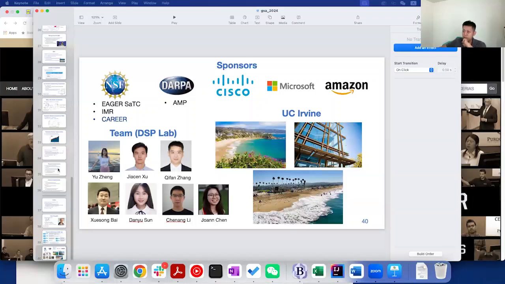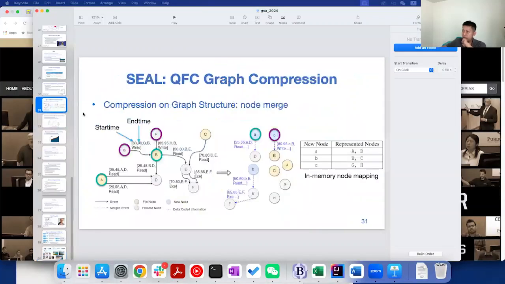To compress the graph, we merge the nodes based on their destinations, and we replace the nodes with a table. In the end, we reduce the number of nodes and have smaller graphs, but with the table we are able to recover the whole graph after we finish the analysis.